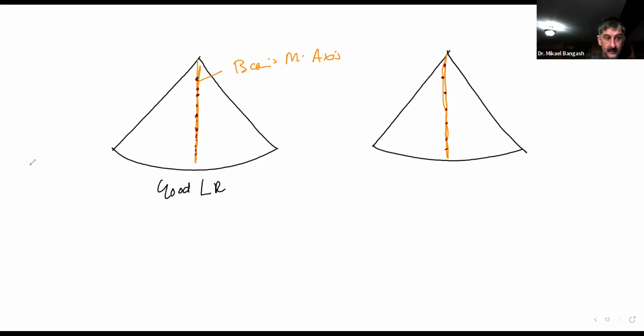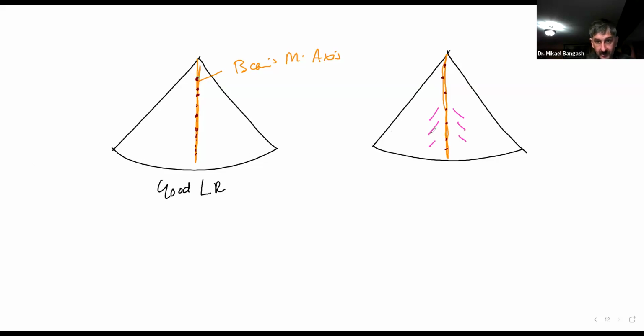But in this case, let's say that we produced lobes. Let's say we have lobes like this, for instance, right?